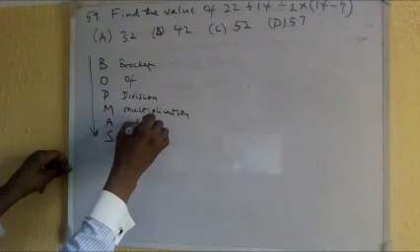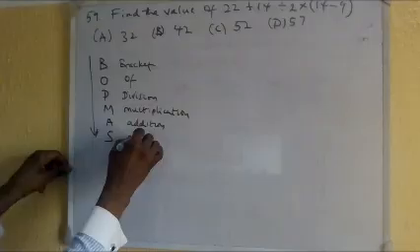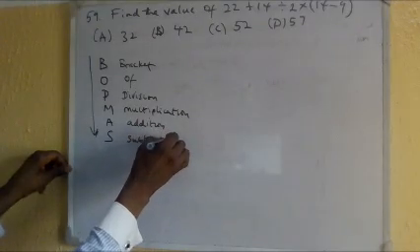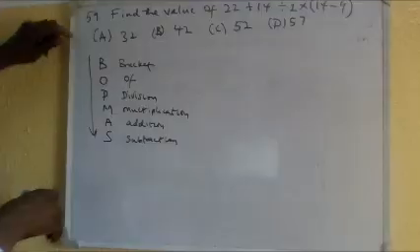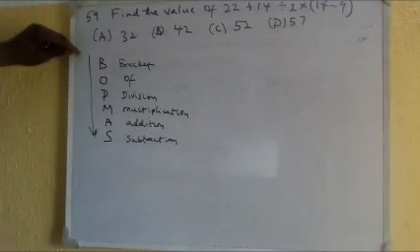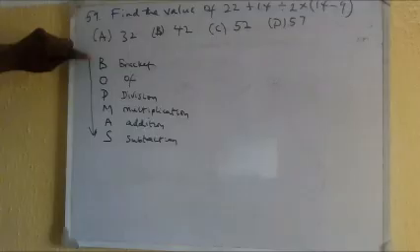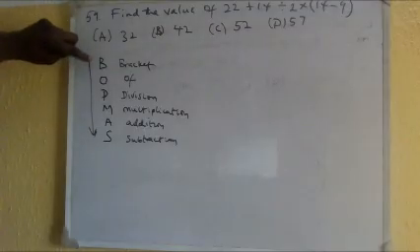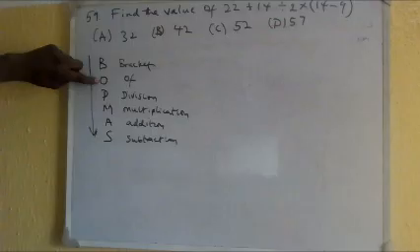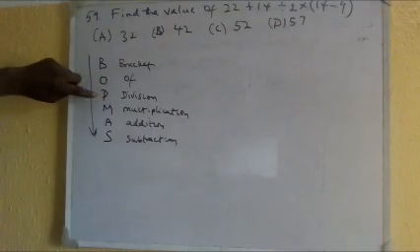With this rule, you follow the order the way it appears here. When you see brackets, you start with the brackets. If you see of, the next one will be of. If you see division, you just follow it by what you are seeing.